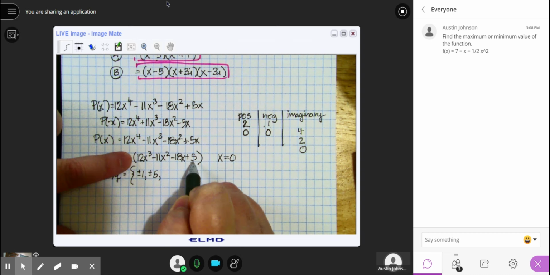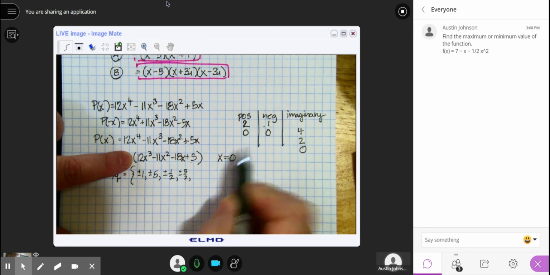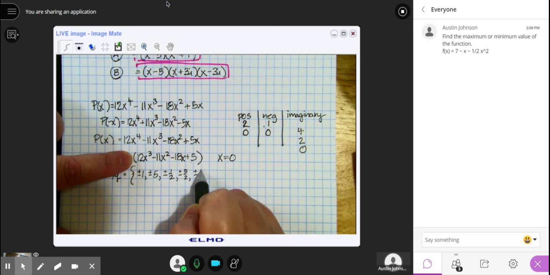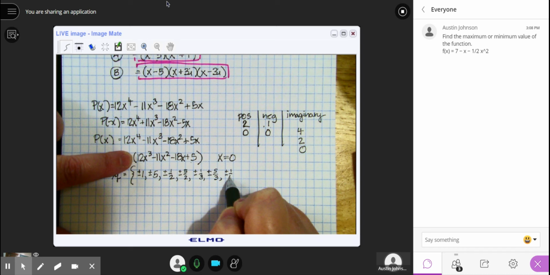We can have a plus or minus 1 over 2, because 2 is a factor of that lead, and we can have a plus or minus 5 over 2. We can have a plus or minus 1 over 3. We can have a plus or minus 5 over 3. We can have a plus or minus 1 over 4. We could have a plus or minus 5 over 4.